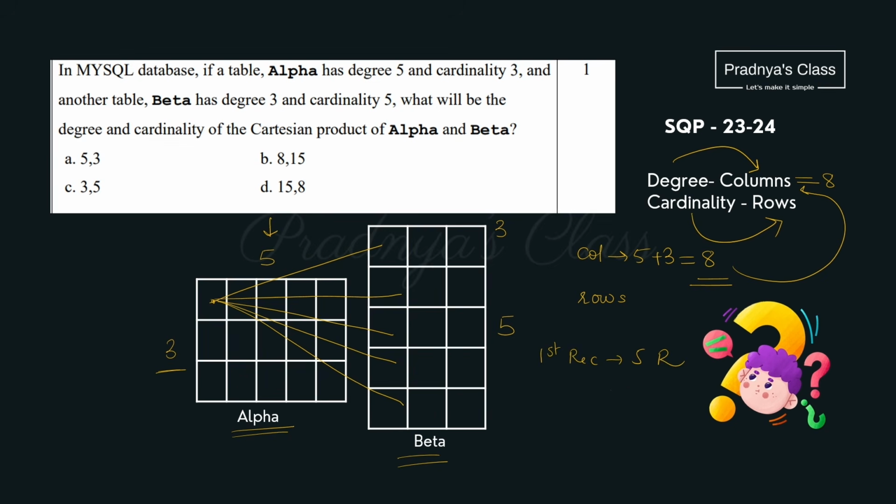In the same way, for the second record 5 rows. Similarly, for the third record, we will get 5 rows. Total rows will be 15. Rows are nothing but cardinality. First we need to write degree. Degree is 8 and then we will be writing cardinality. Cardinality is equal to 15. So the correct option is B.